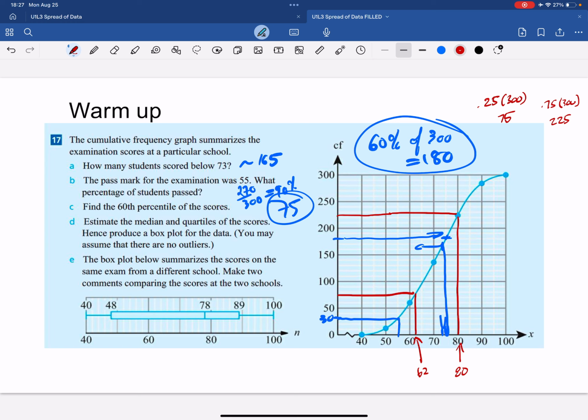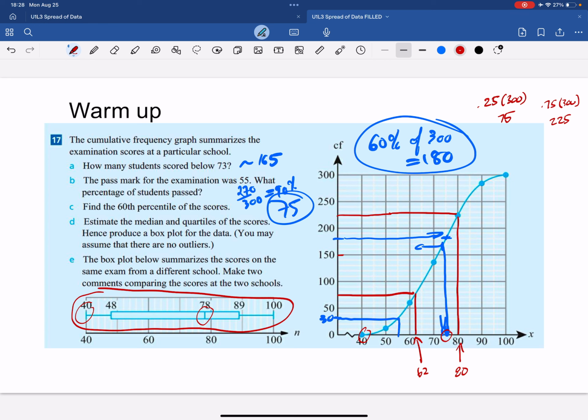And now over here we have scores, but in a different way. So maybe we look at max and min. The min value here was 40. That's the same as that. The median here is 78. Our median was, I think, 70, what was it?